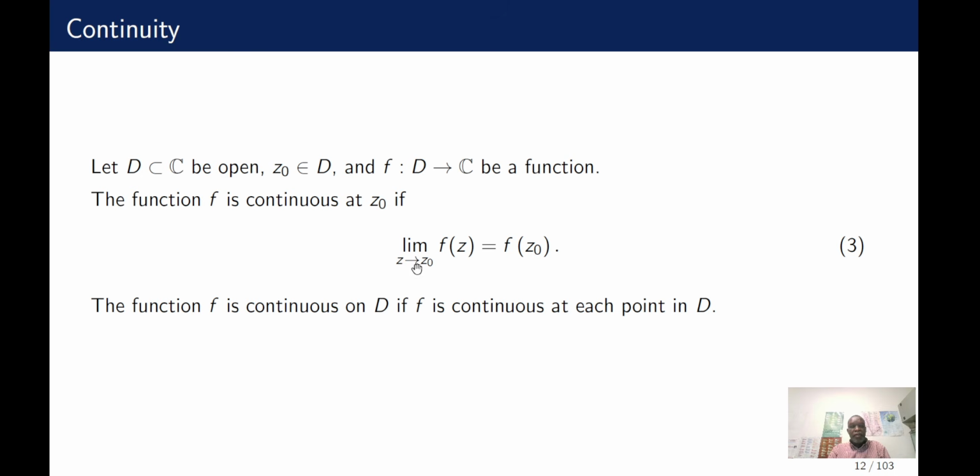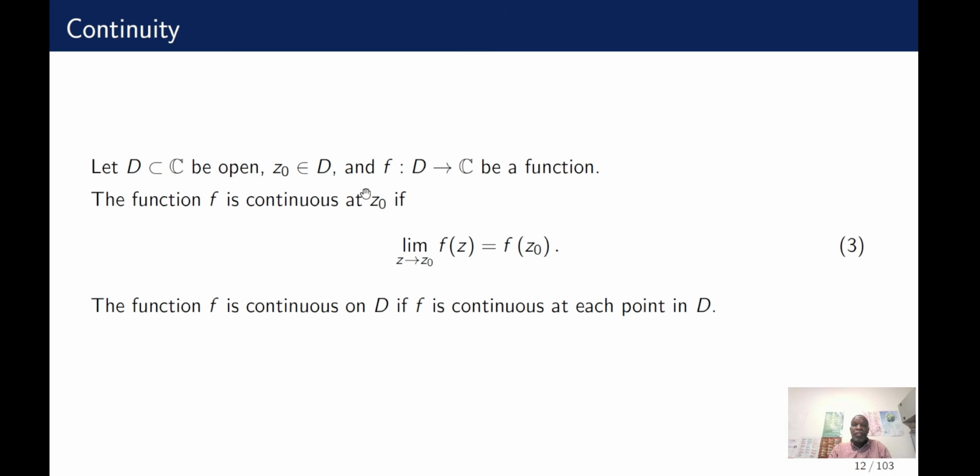If the limit as z approaches z naught of f(z) is the same as the value of the function at that point. So it basically means the limit and the function itself give you the same thing. So it will be continuous if that happens at every point.